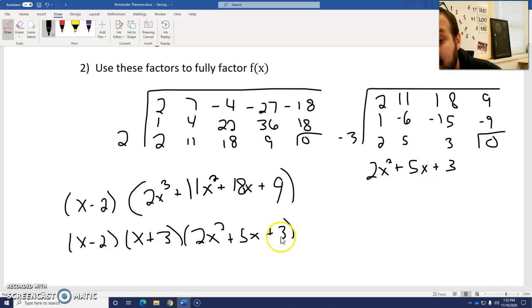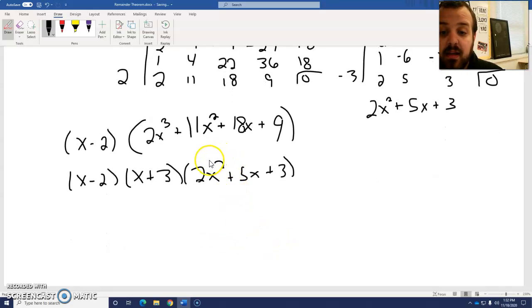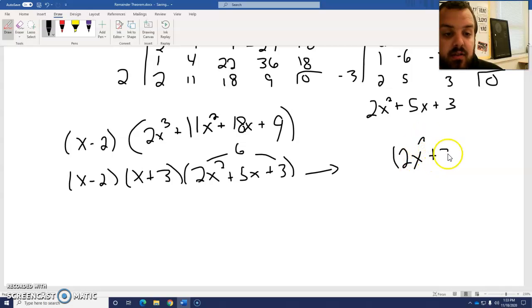Okay? If I want to factor this by grouping, I can go and see, all right, I get 6. So I want something that adds to 5 and multiplies to 6. I'll kind of do this over to the side. So that's going to be 2 and 3. So we'll split this into 2x squared plus 2x plus 3x plus 3. We then are going to go ahead and take out GCFs.